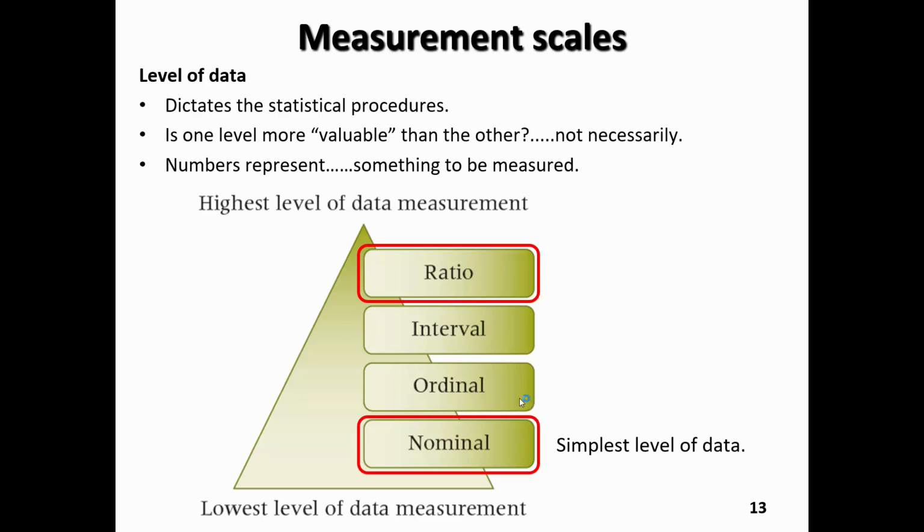The next level up is the ordinal scale, followed by the interval scale, and the highest level, according to the figure, is the ratio scale, which I think more precisely stated represents a more complex level of data. And so we begin with the simplest form of the data, and that's the nominal scale.